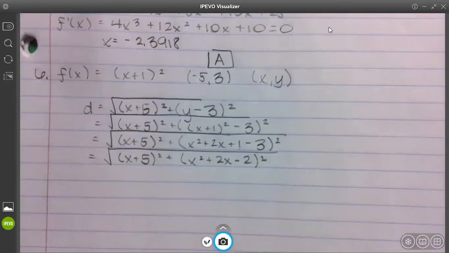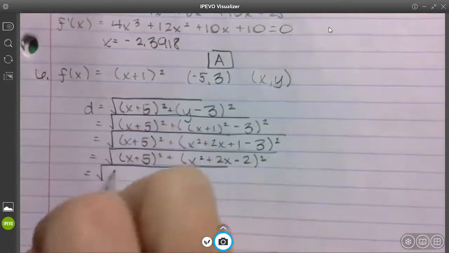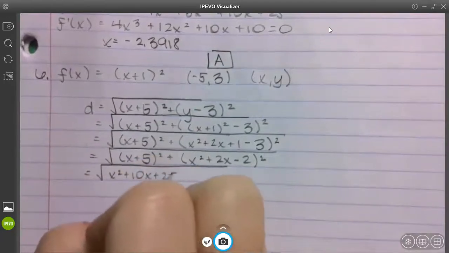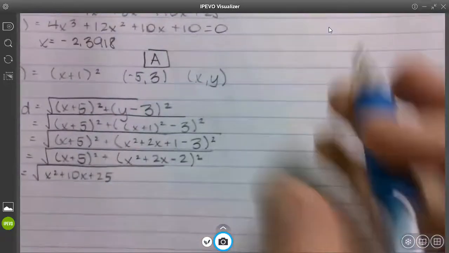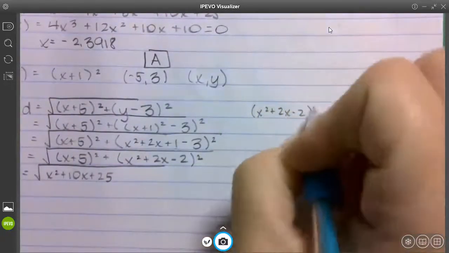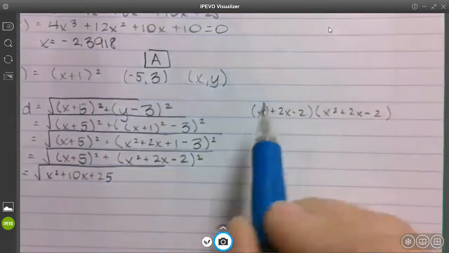I already did your x plus 5 previously. It was x squared plus 10x plus 25. I did not do this one, so I'm going to work on it over here. So we have x squared plus 2x minus 2 times x squared plus 2x minus 2.